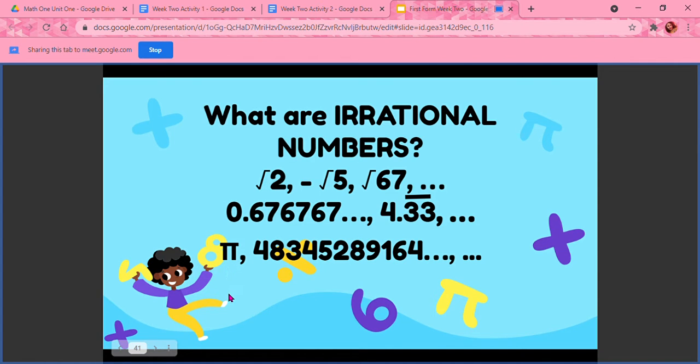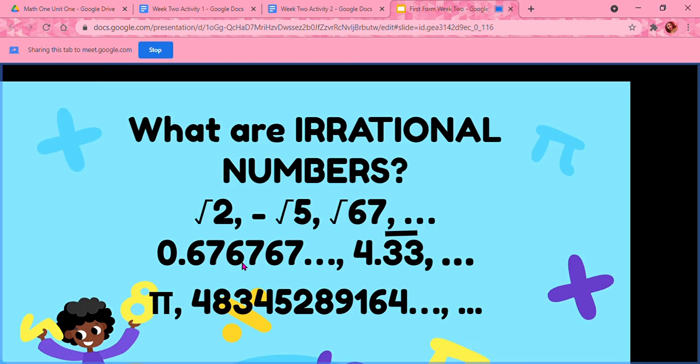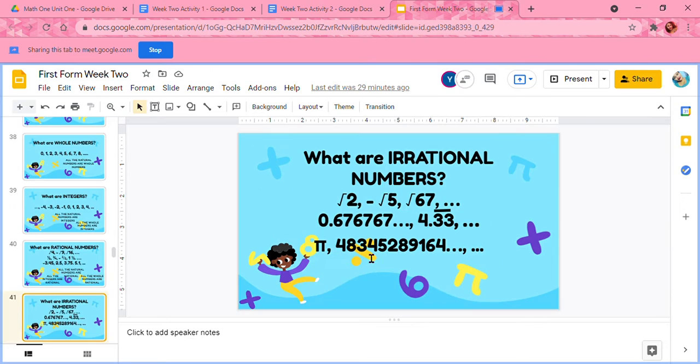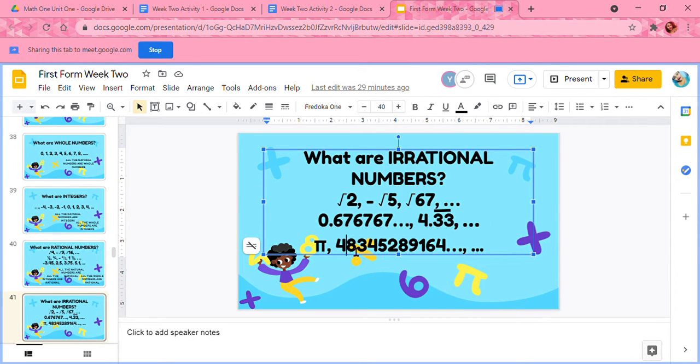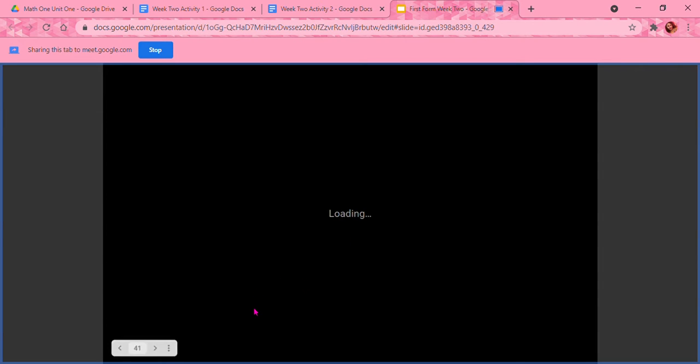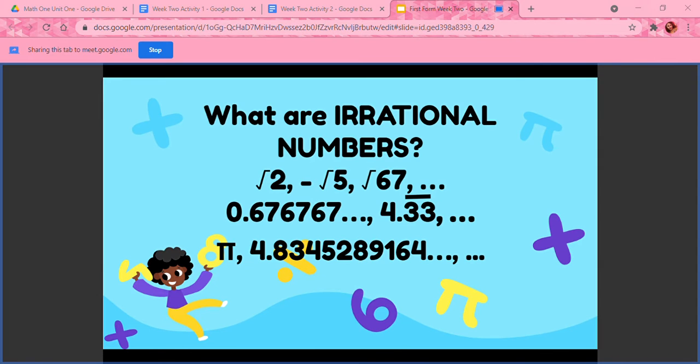And now we go to our last set. We have numbers that are never ending, and when I mean never ending, it means that all of them are different numbers. So the difference is that in the middle set, we have repeating decimals, meaning that you repeat the numbers over and over and over.